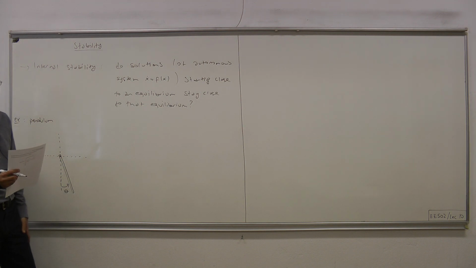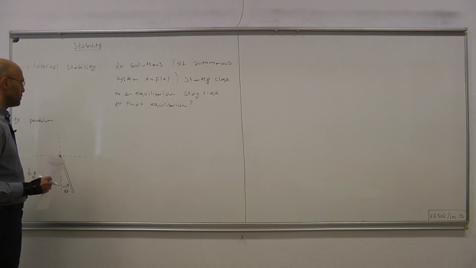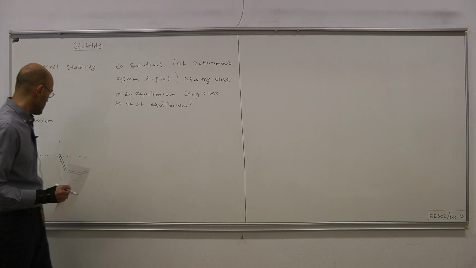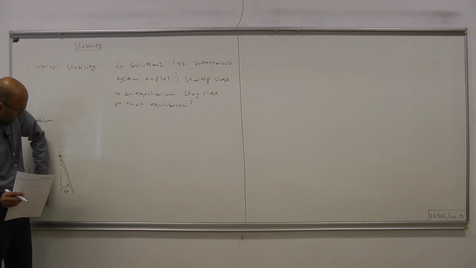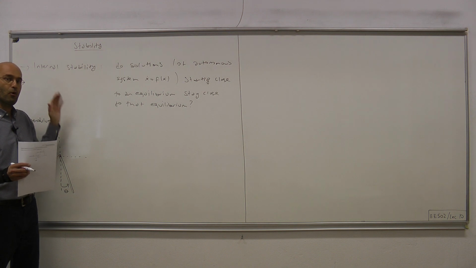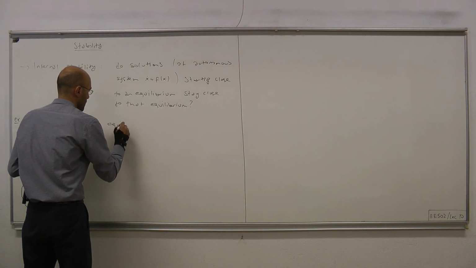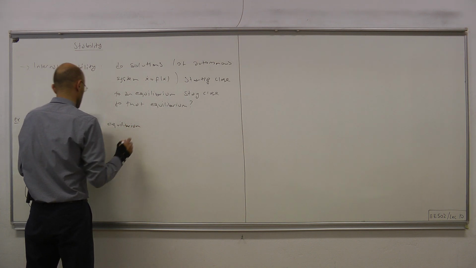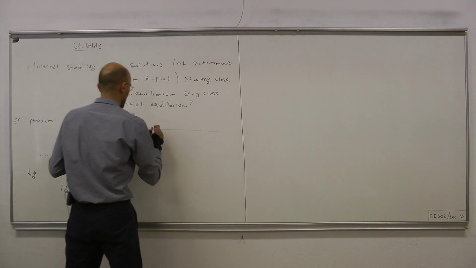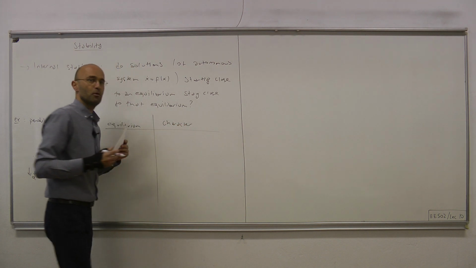Now this system, as we all know, has two equilibria. One of them is that the pendulum is pointing down, and the other is that the pendulum is pointing up. So we consider each equilibrium and the character of that equilibrium.